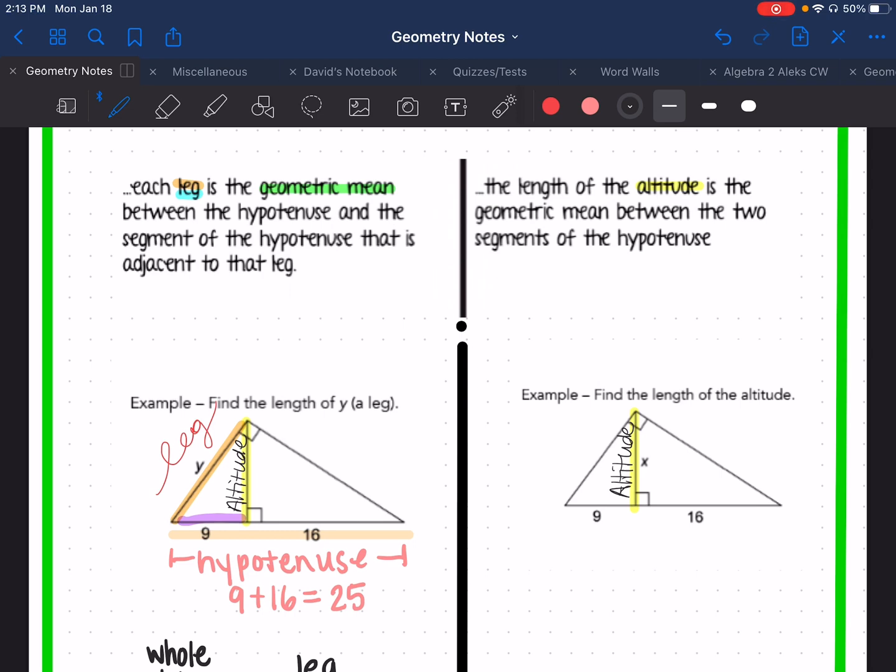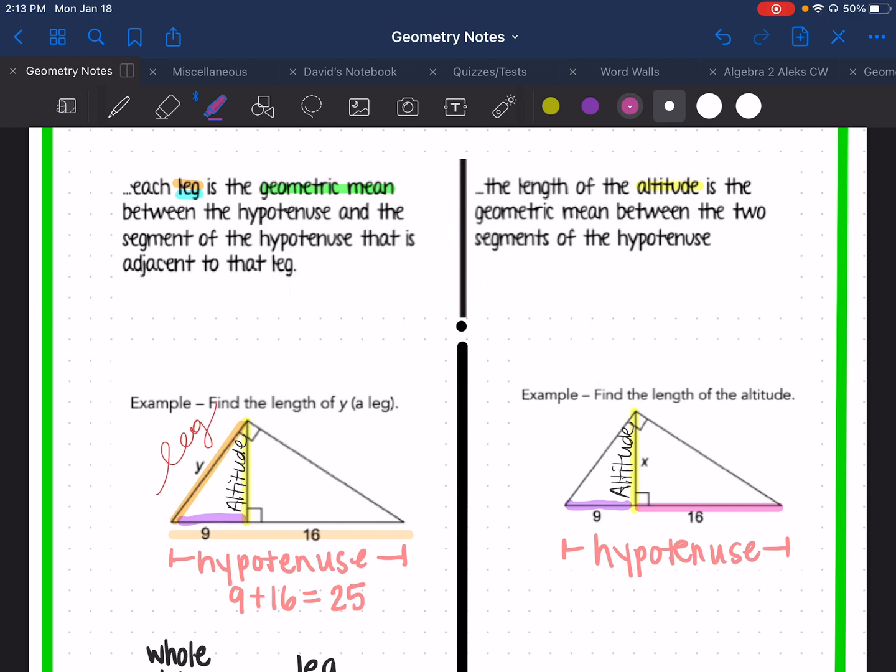So I'm not even going to write down that there's a leg. I'm just going to mark where the hypotenuse is. Okay, this time I don't need to add them together because it says I'm going to take the part and the part.